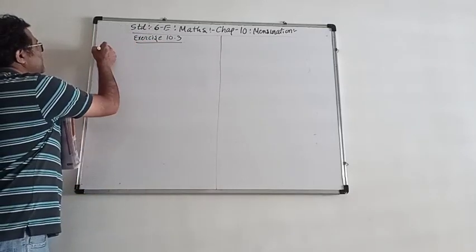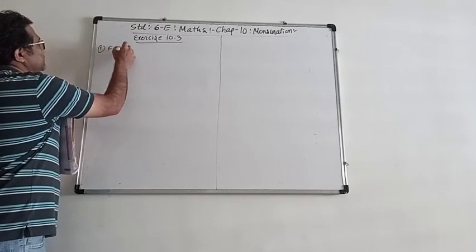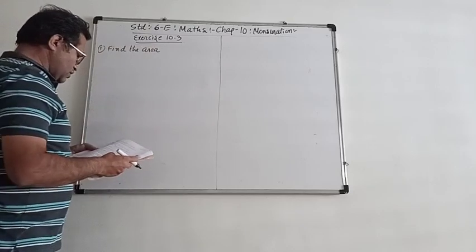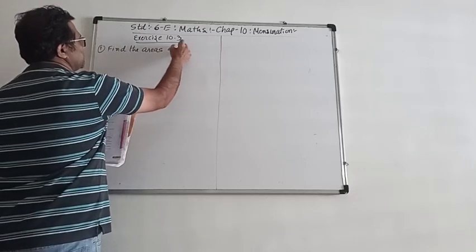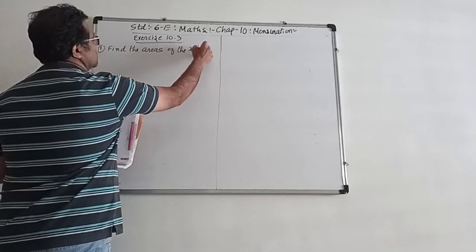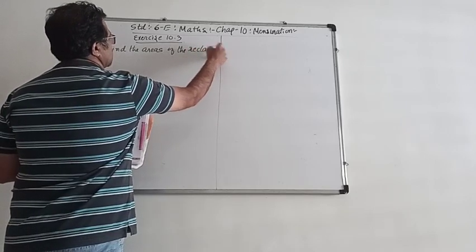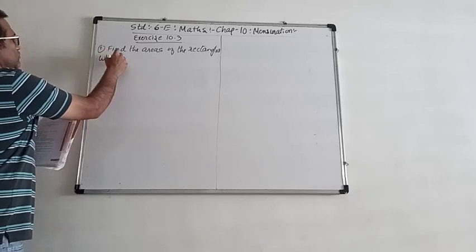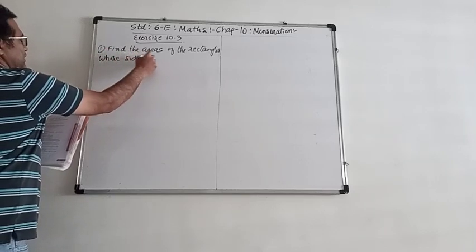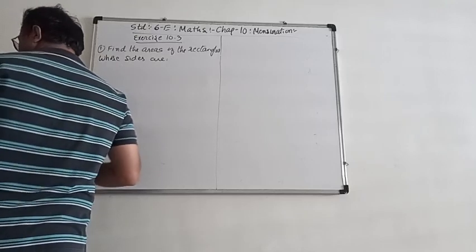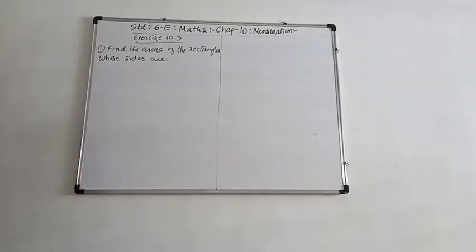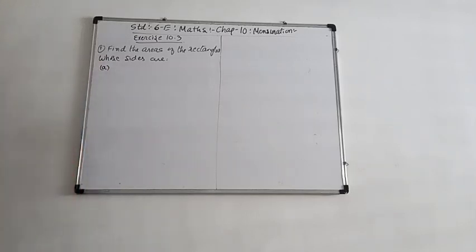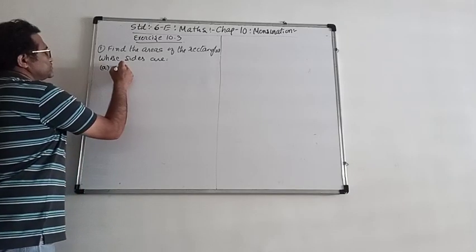Question number 1. Find the areas of the rectangles whose sides are given. First one, it is given 3 centimeter and 4 centimeter.